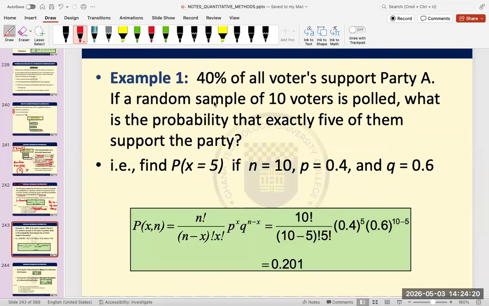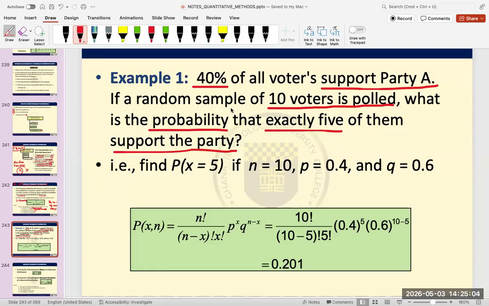Now, example 1 says 40% of all voters support party A. If a random sample of 10 voters is pooled, what is the probability that exactly 5 of them support the party?